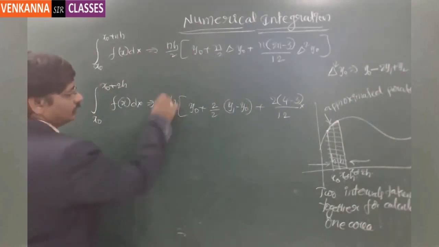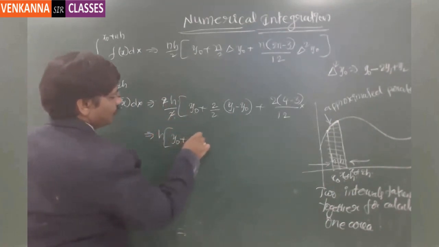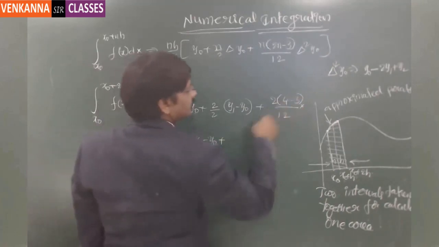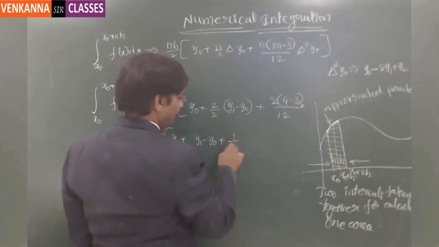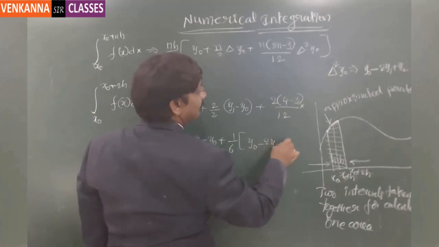So this 2 will cancel out, and we have h times y naught plus y1 minus y naught plus, this is 4 minus 3 is 1 and this is 12 over 2, so 1 by 6 times y naught minus 2y1 plus y2.